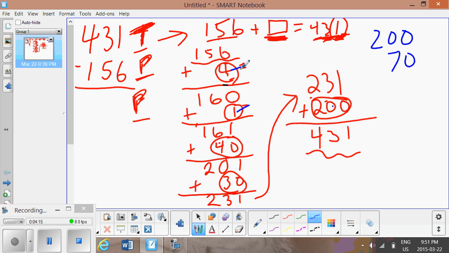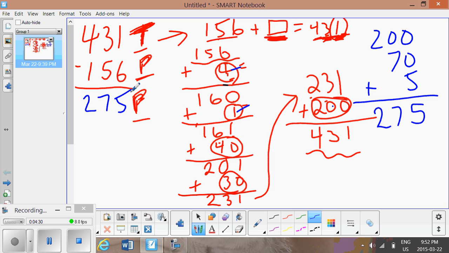And I've added 1 and 4. Again, write them separately or put them together to make 5. So 200, 70, and 5. And then we know that 275 was the missing value to get to 431.